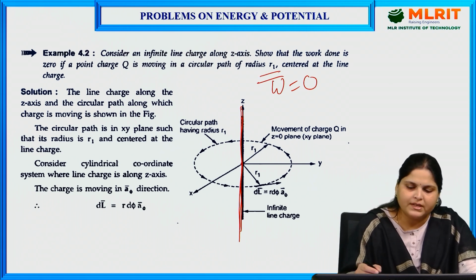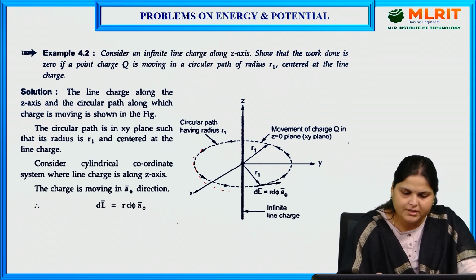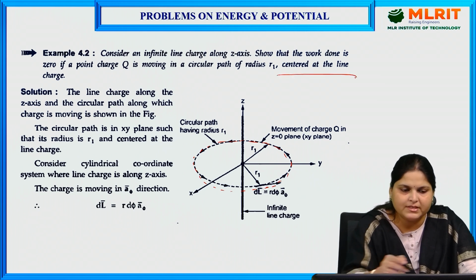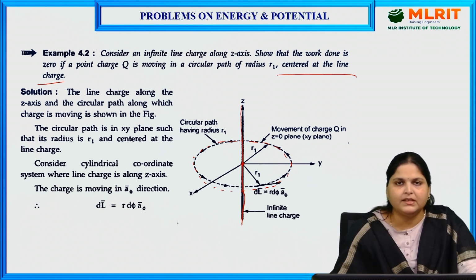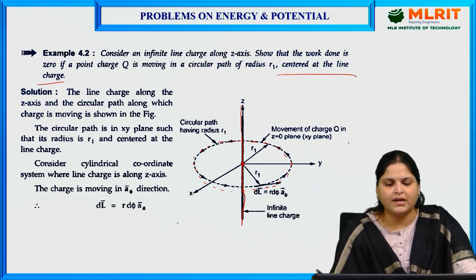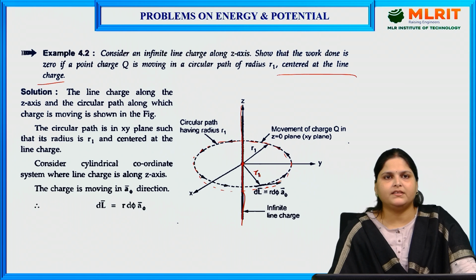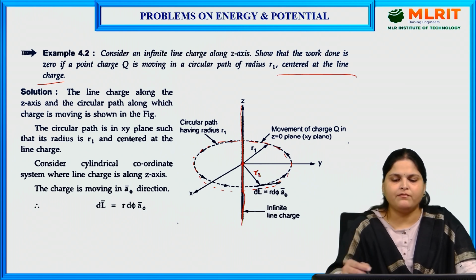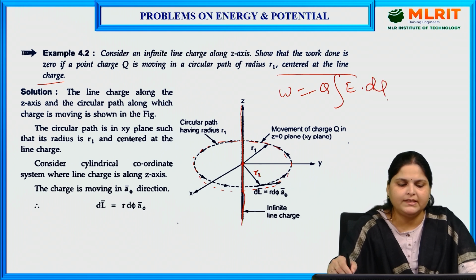So now you see in this diagram, the path of this charge is circular. And as it is written in the question, centered at the line charge means the center of this circle is situated at the line charge. We can say the path is surrounding the line charge and the radius is r1. Again, we have the same formula, W is equal to minus q integration of E dot dl.